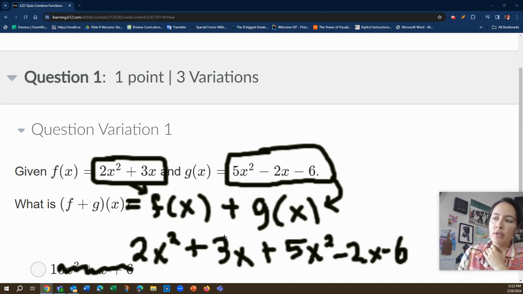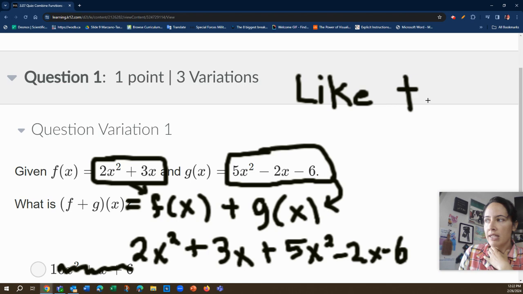Now, I watched this wonderful video about treating math as a language, which of course it is. It's the language we use to write about the world around us and qualify it, quantify it, and think about it. So if we have 2x squared plus 3x plus 5x squared minus 2x minus 6, and we're looking for this concept of like terms, let's focus on the sounds and the words we're making and just think about it, okay?